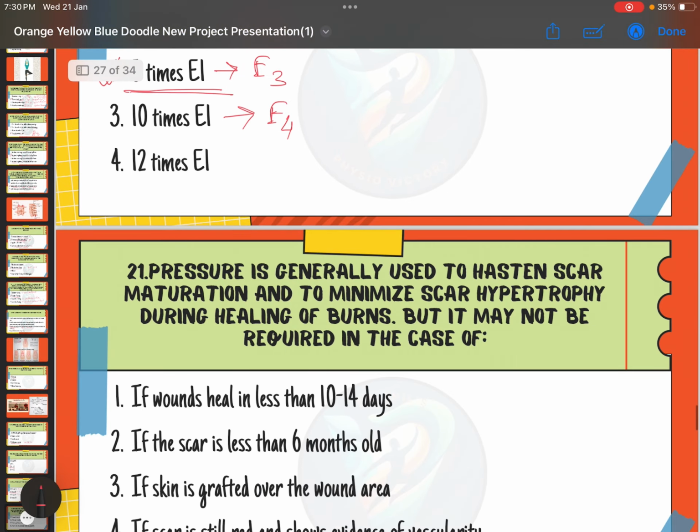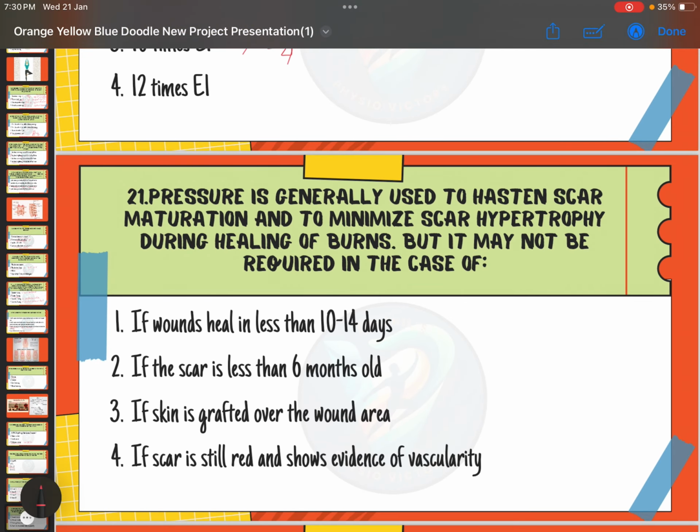Next, come to question number 21. Pressure is generally used to hasten scar maturation and to minimize scar hypertrophy during healing of burns, but it may not be required in the case of option 1 if wounds heal in less than 10 to 14 days, option 2 if the scar is less than 6 months old, option 3 if skin is grafted over the wound area, option 4 if scar is still red and shows evidence of vascularization.